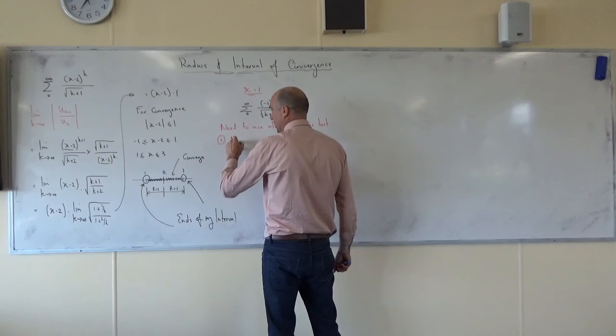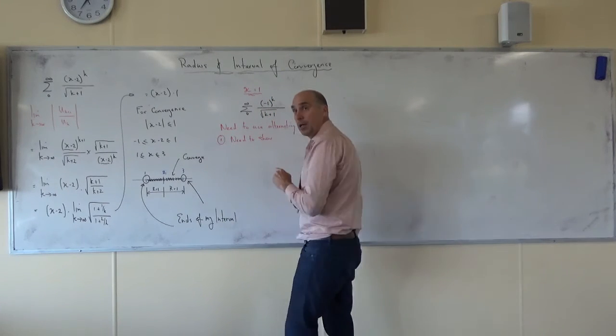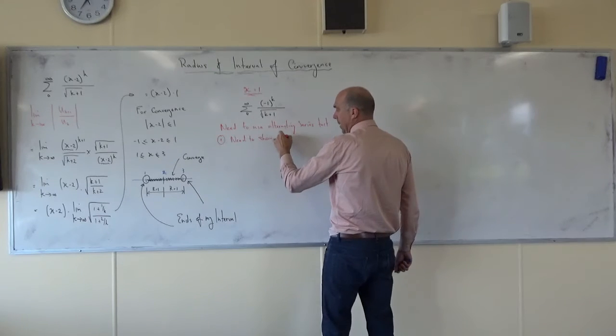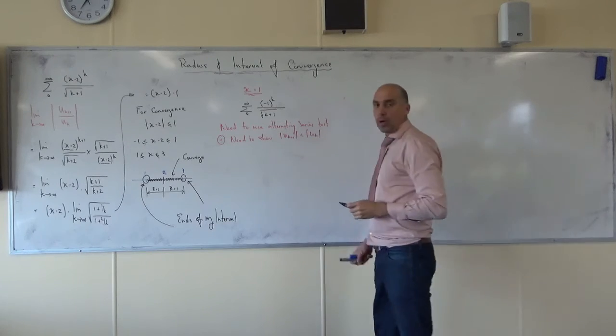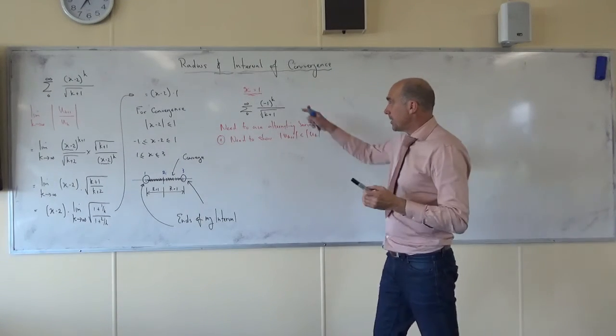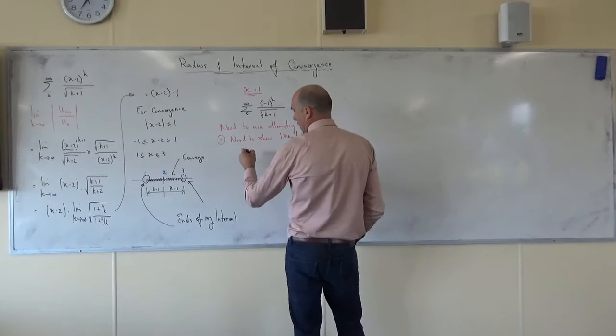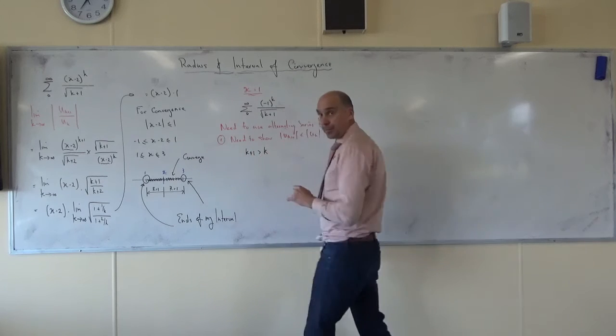First one, we need to show that the absolute value of u_(k+1) is less than u_k. So somehow we've got to show the reader that. The way I'm going to do that is this. I've got k plus 1 is greater than k.